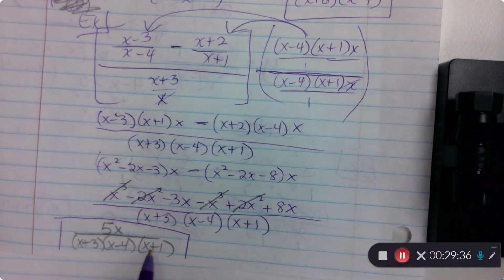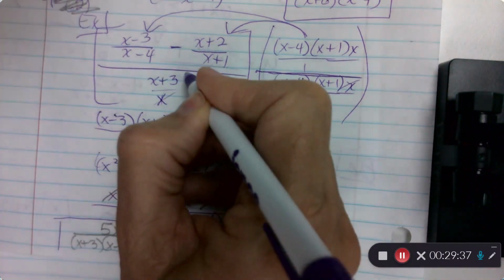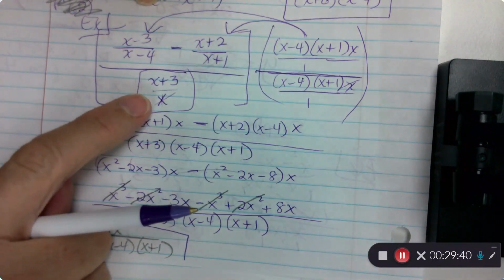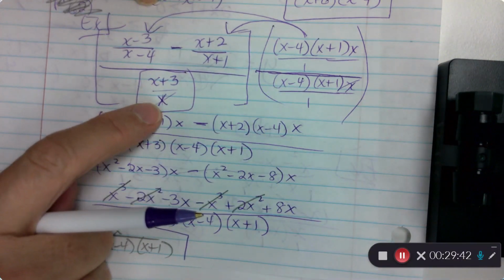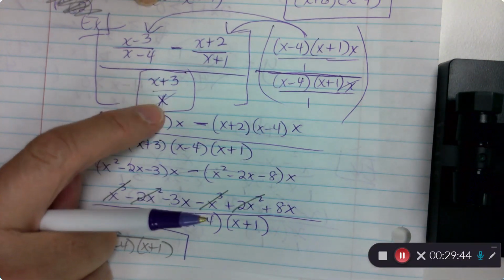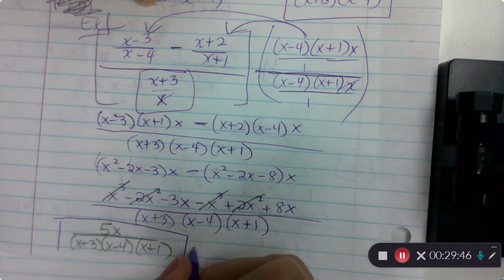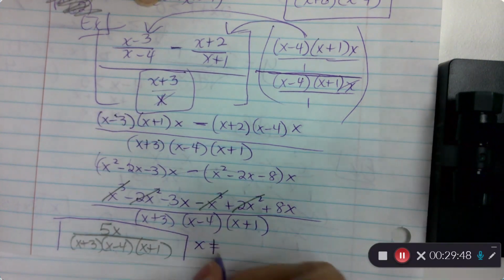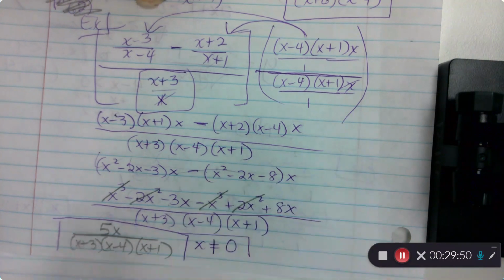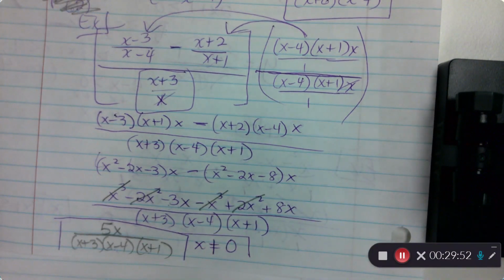Also obvious. Which one? What's not really obvious? 0. I can't divide by 0 for this one. So again, my little thing, I'd probably throw in x cannot equal 0. Are you with me on that? Yeah.